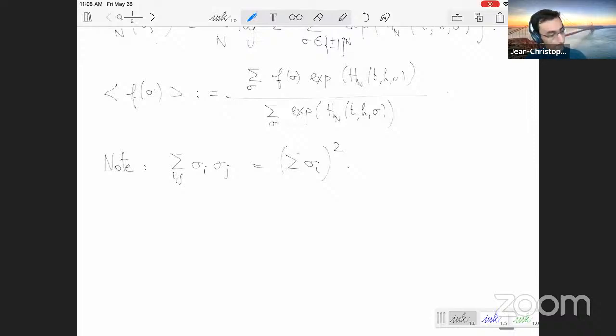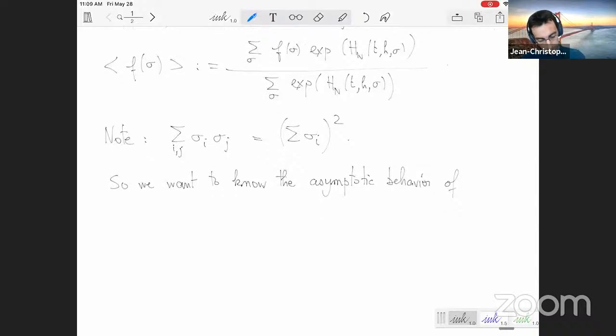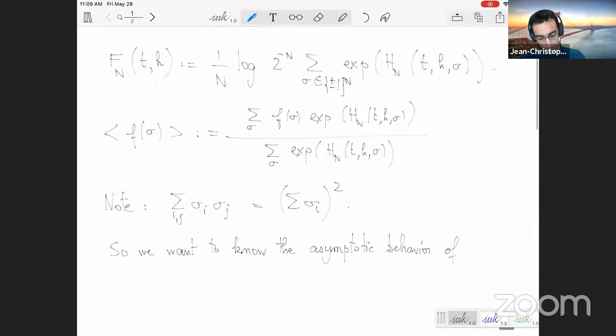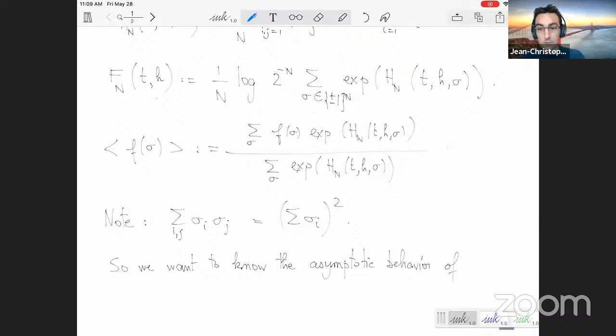So, let me rewrite this for the free energy. Or maybe I'm going to write just what is inside the logarithm.